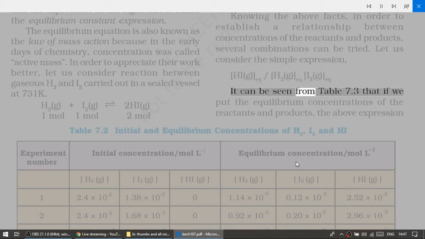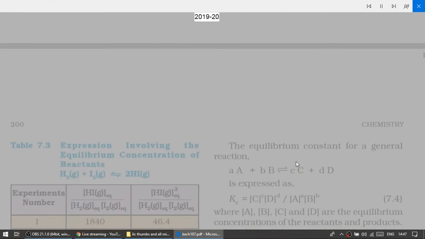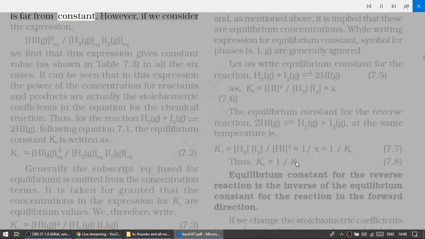It can be seen from Table 7.3 that if we put the equilibrium concentrations of the reactants and products, the above expression is far from constant.